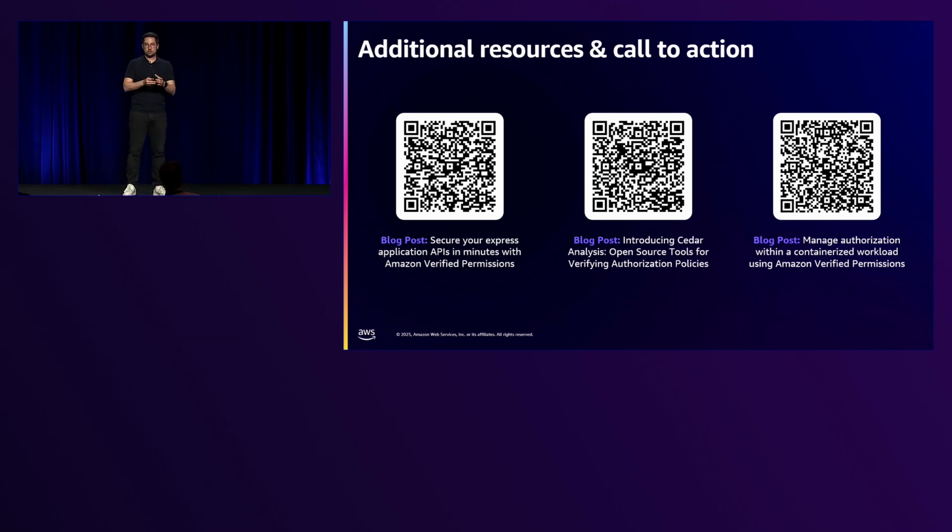You can try them out as well. And the last blog post that I want to highlight is the one on integrating Verified Permissions in a containerized environment. These were the pictures we saw earlier on the four different ways you can integrate Verified Permissions in a containerized environment.